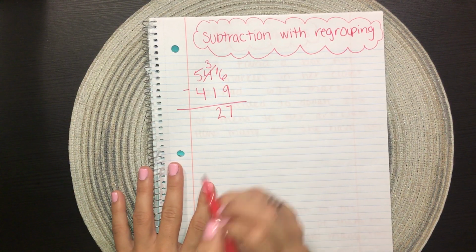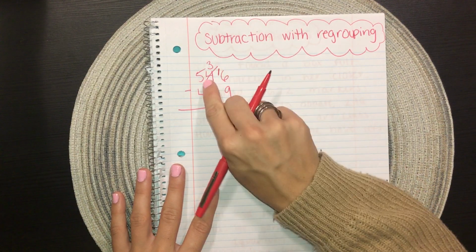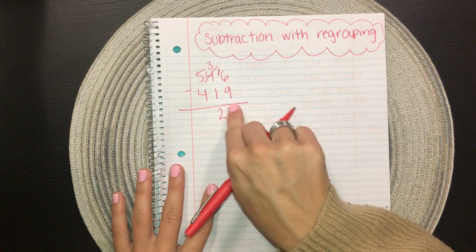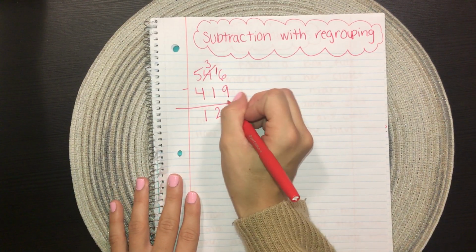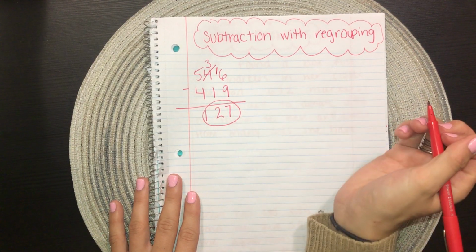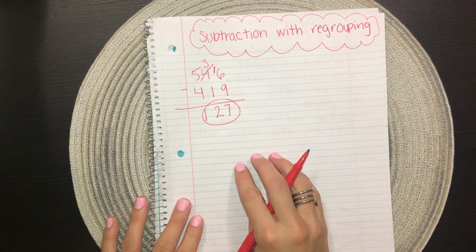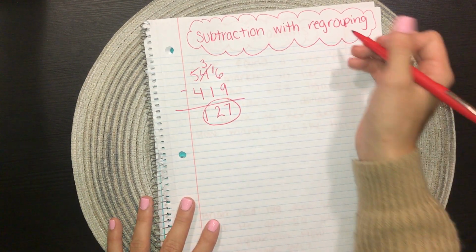So you put the 2 down in the tens place. And then you have 5, which is also 500, minus 4, or 400, which would equal 1, or 100. So then your total answer is 127.